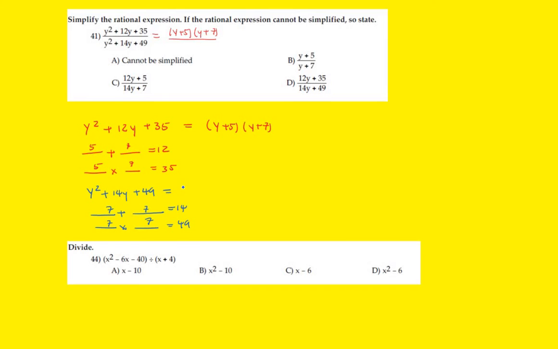So the factorization is y plus 7 times y plus 7. Then we cancel these two, and our answer is y plus 5 divided by y plus 7, and that one is actually B.